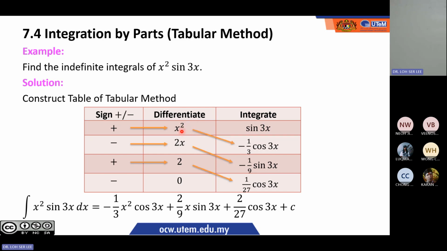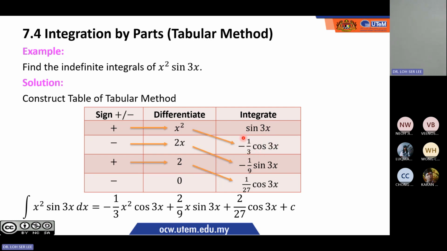So x squared, we will differentiate, we get 2x. Differentiate once again, we get 2. Once again, we get 0. So whenever this is a polynomial function, you differentiate until you get 0, then you stop. And here, you will integrate. Integrate sine, you get a negative cos with the same angle, divided by 3.